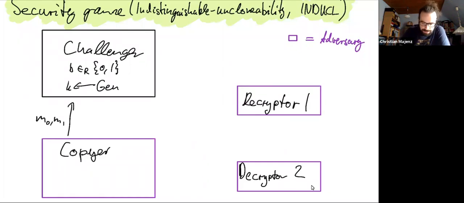Now the challenger samples a random bit B and generates a key K and sends back the encryption sigma of the message MB, one of the messages that the copier provided, specified by the random bit B, with key K.